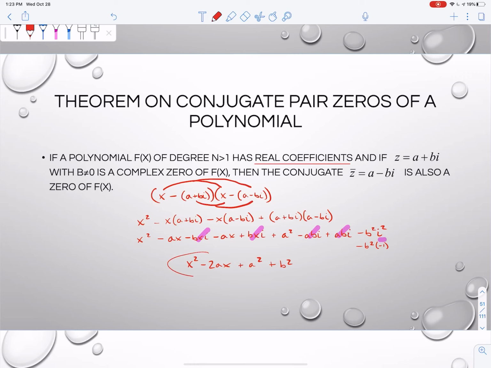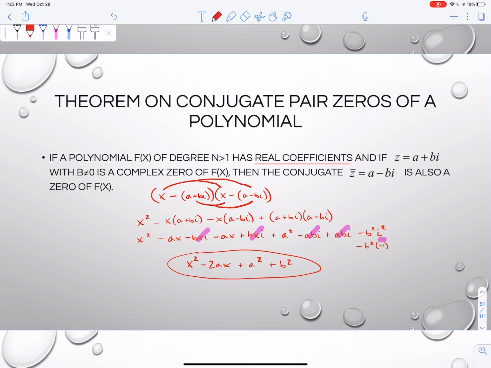And notice what is nowhere in this simplified form. There are no more i's left. I have canceled out all of the imaginary numbers, and regardless of the choice of a and b, as long as a plus bi and a minus bi are a conjugate pair, I've just proved to you that it's guaranteed that it's going to cancel them out.